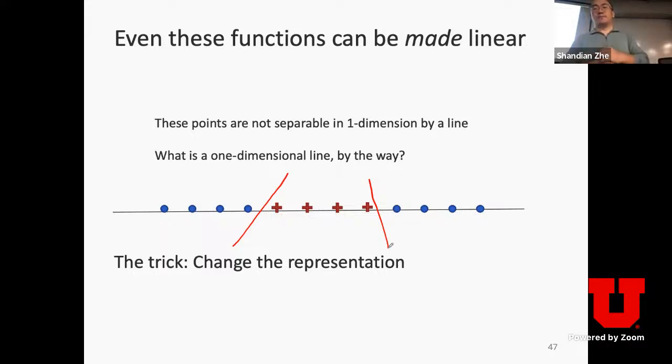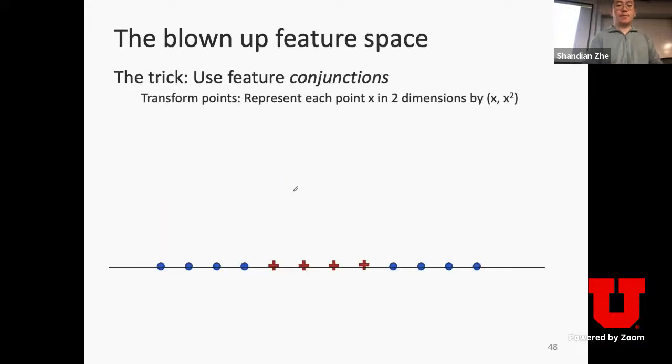The idea is as follows. Now that in the original feature space I cannot do anything with my linear classifier, why not construct some additional features? For example, in the original space, every example is represented by its location X. Now I append X squared to X to form a two-dimensional feature representation for every data point.